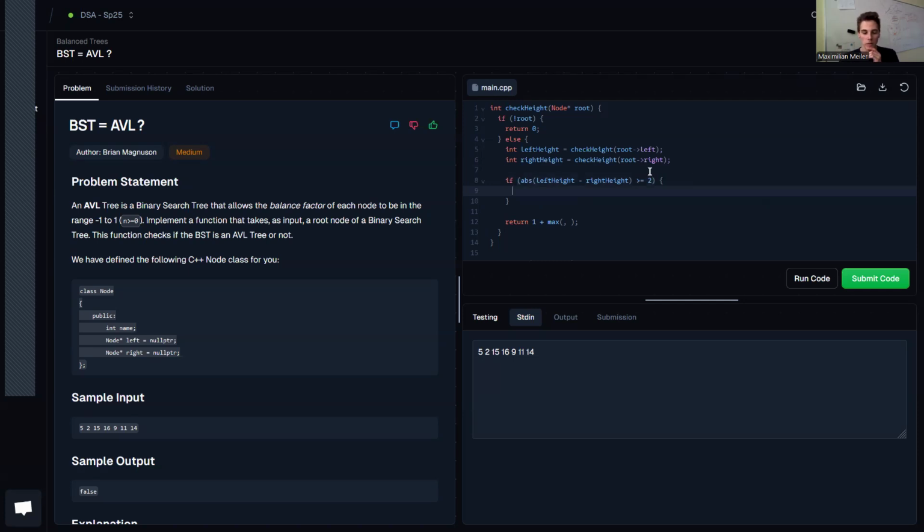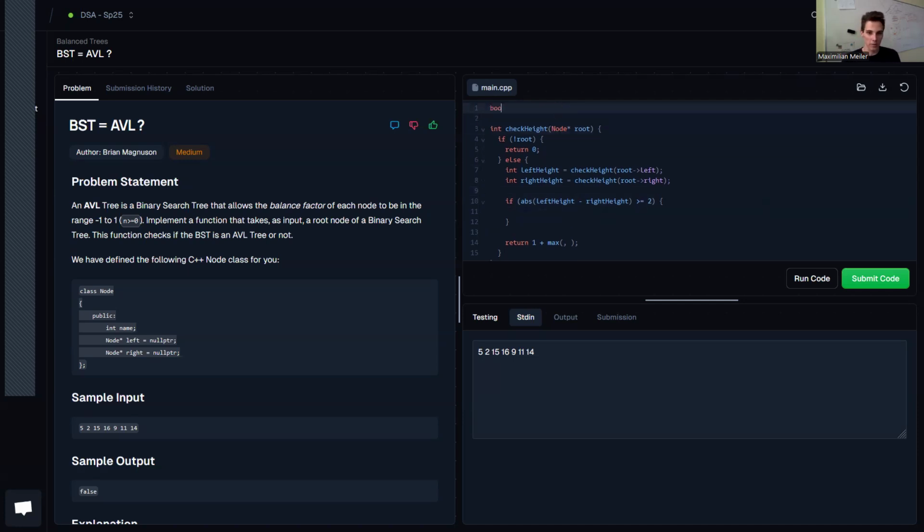Now, how can we actually do this? The easiest way to do this is frankly just to use a global variable. You might not see this as super proper, but is AVL. I frankly think this is a good example of when you can use a variable like this. We're going to assume that at first it is an AVL tree.